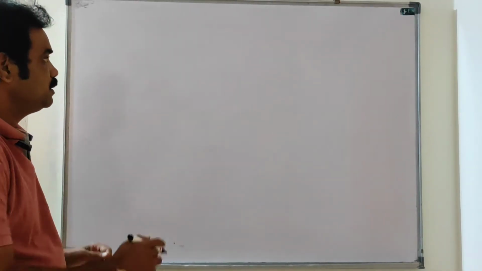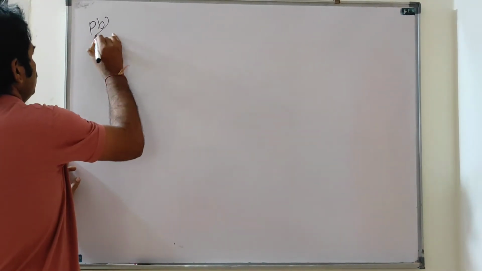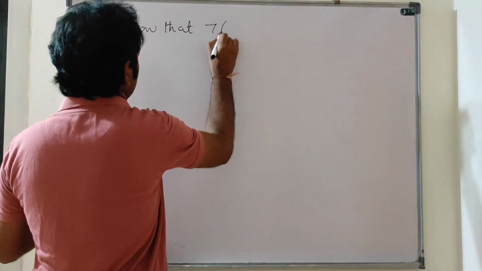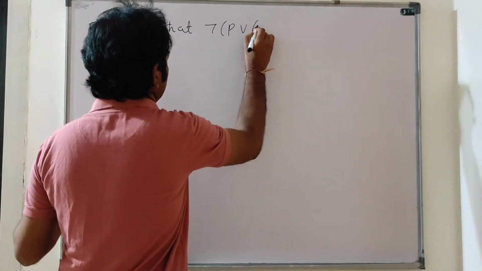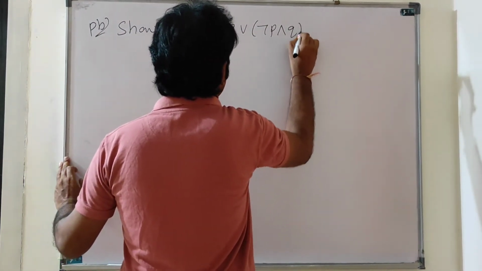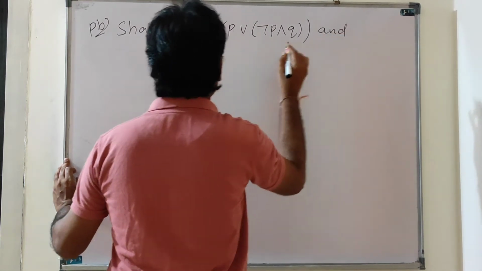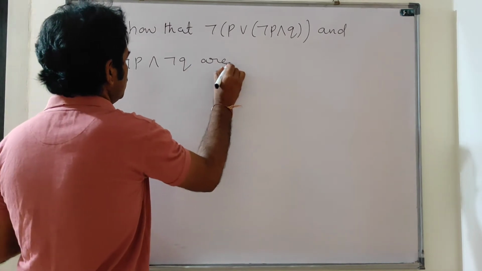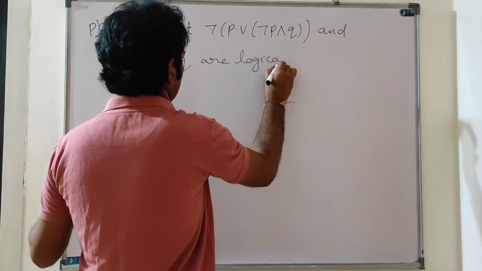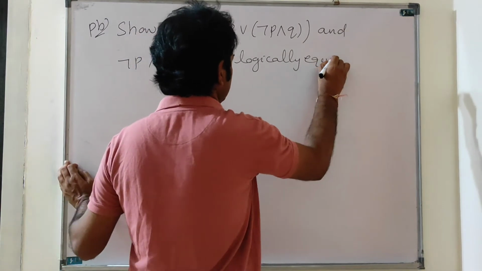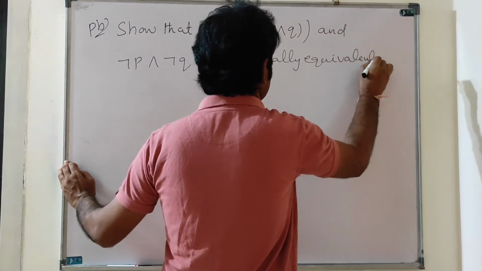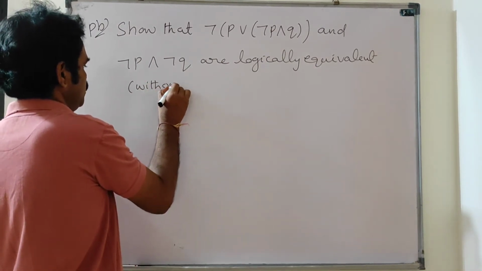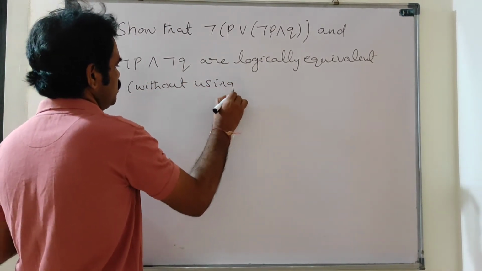Problems now. Show that negation of (P or (negation P and Q)) and negation P and negation Q are logically equivalent without using truth tables.